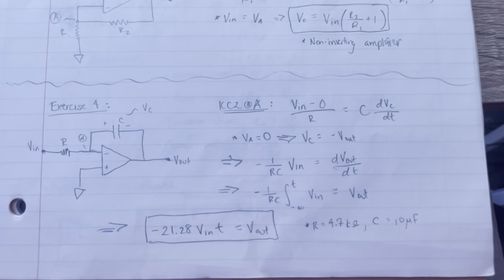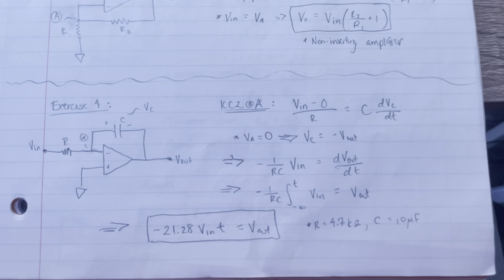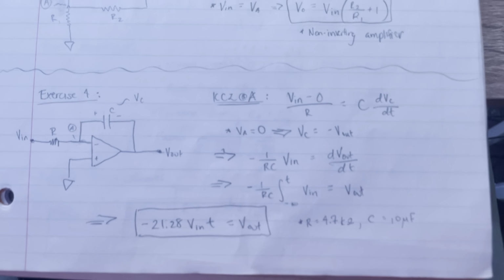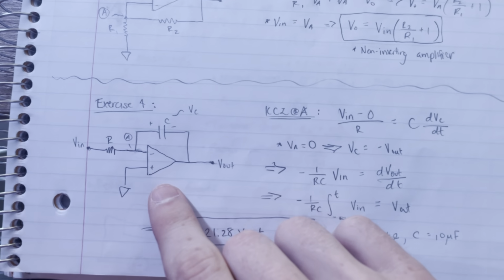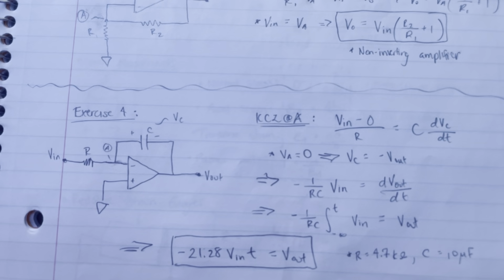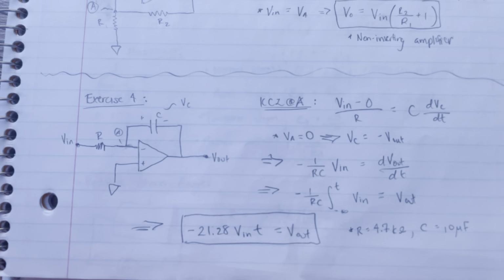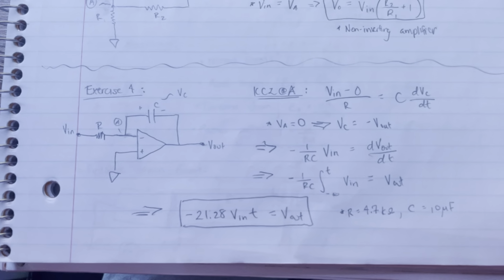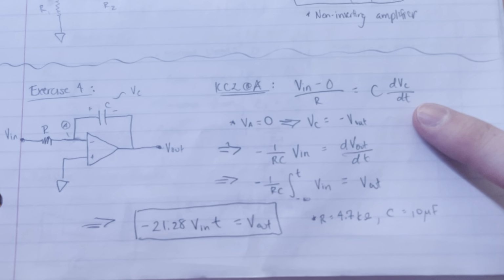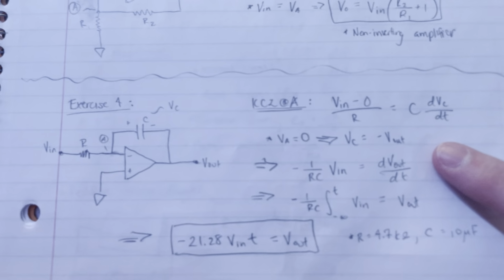For exercise 4, I derived Vout for the integrating amplifier op-amp circuit. To do so, I looked at Kirchhoff's current law at node A and set the currents equal to each other, and the current of the capacitor is equal to C dV/dt.